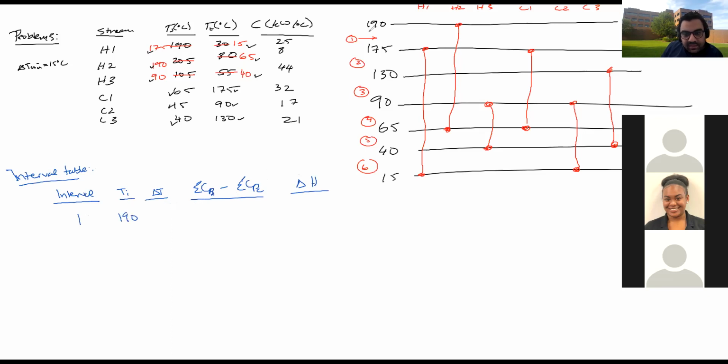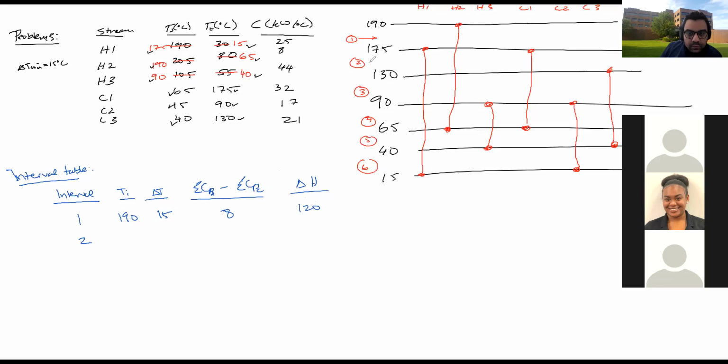My delta T, 190 minus 175, is 15. I have one hot stream, H2, and the Cp for the stream is 8. So delta H will be 15 multiplied by 8, it's 120.